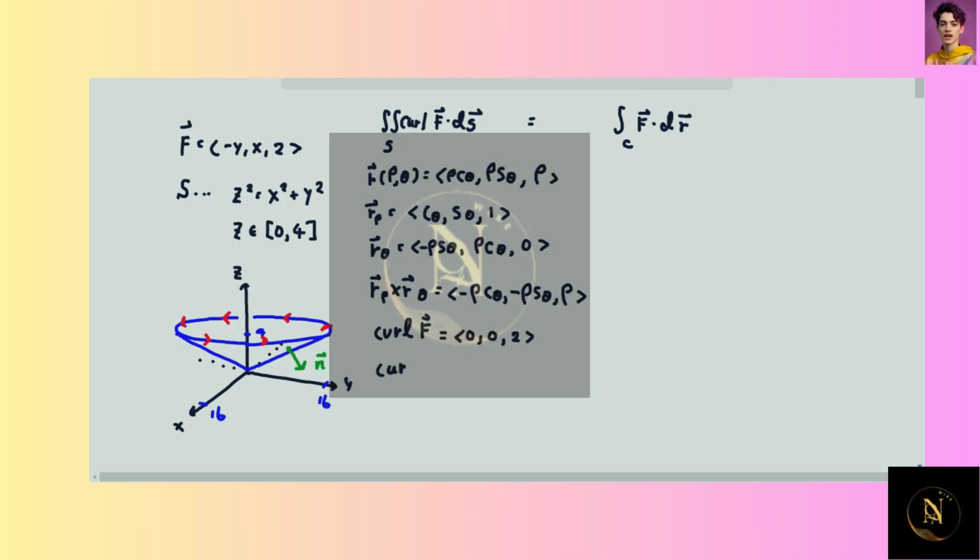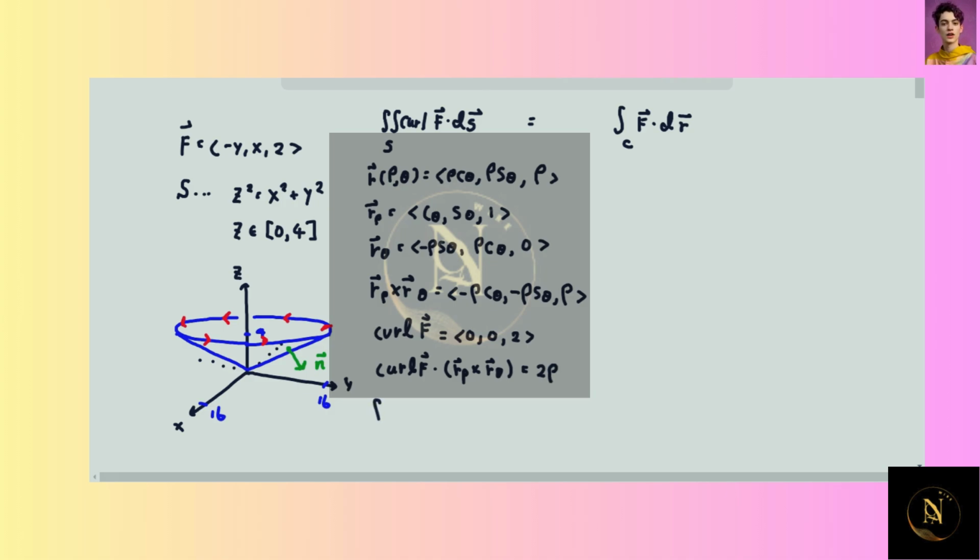So curl of F dot the cross product is simply going to be 2 rho.